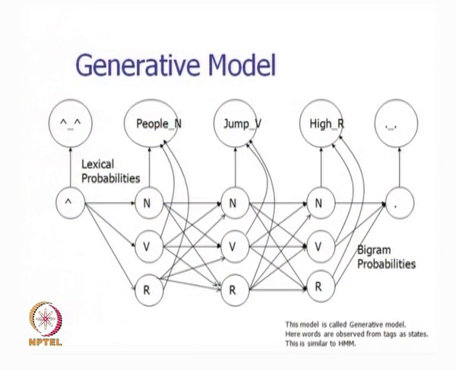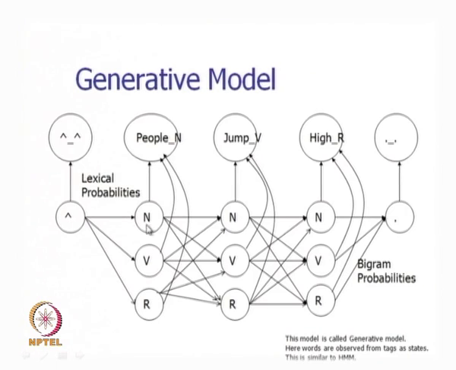So, we go through this automaton and we have the probabilities of the arcs from tag to tag. This is known as the bigram probability P t i given t i minus 1, and we have the lexical probabilities: probability of people given noun, probability of people given verb, probability of people given adverb.